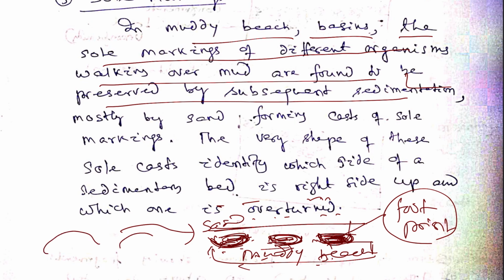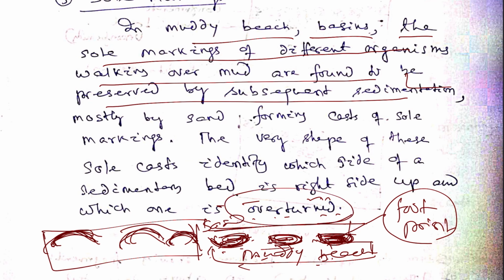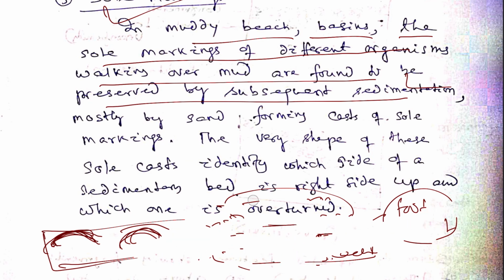If in any place it is found in this manner in a bed, these sole markings are there, but they are pointing in the opposite direction. That means this is not the original process of their formation. That means it is a case of overturning of the concerned bed.